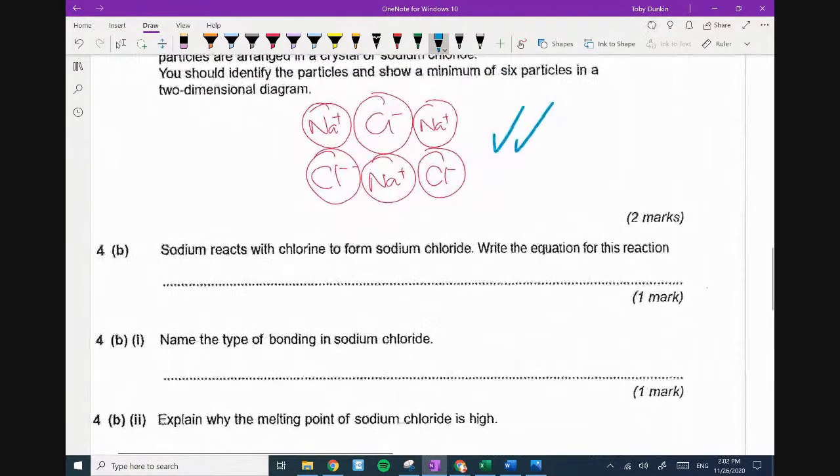Sodium reacts with chlorine to form sodium chloride. Write an equation for this reaction. Right, sodium, Na. You're not allowed to do word. It doesn't say the word word, which means you must give chemical. Sodium plus chlorine goes to sodium chloride, and balance. Don't forget to balance. There's your answer. I'm going to make that a bit thicker just to make it easier to see.